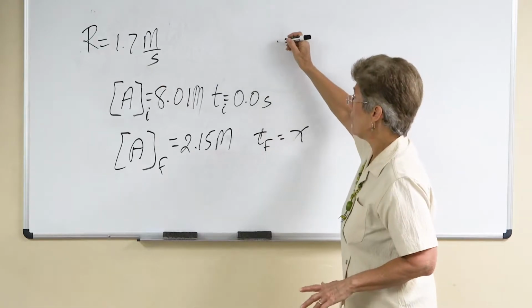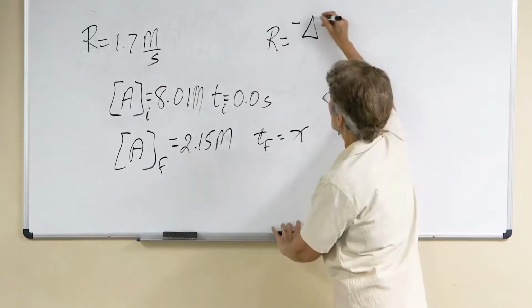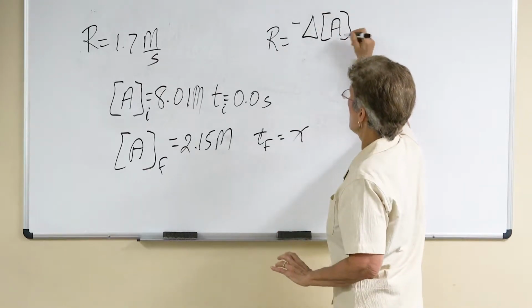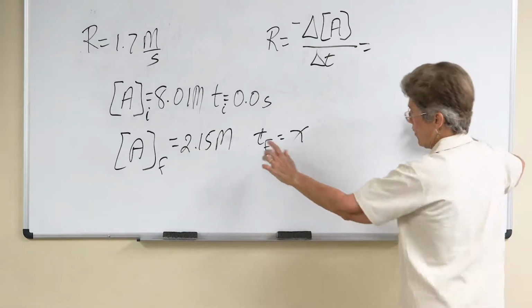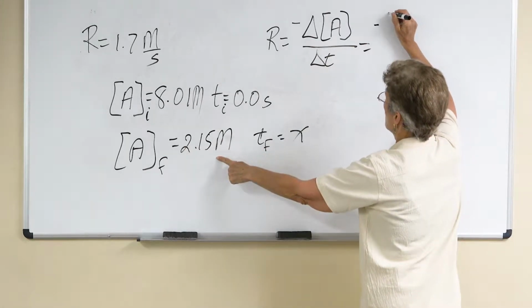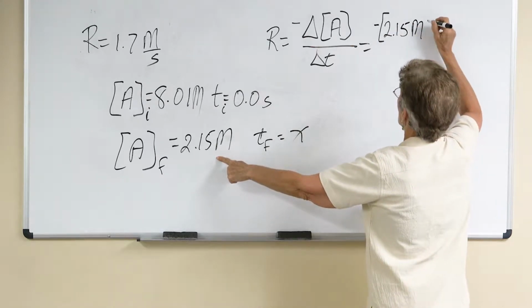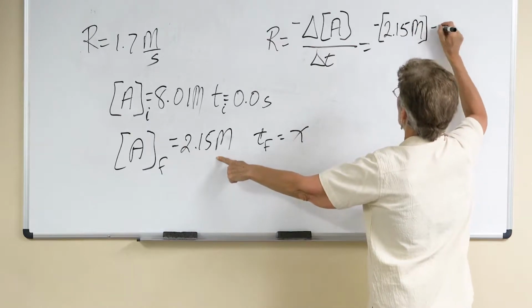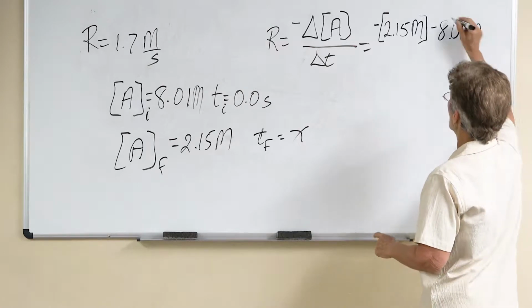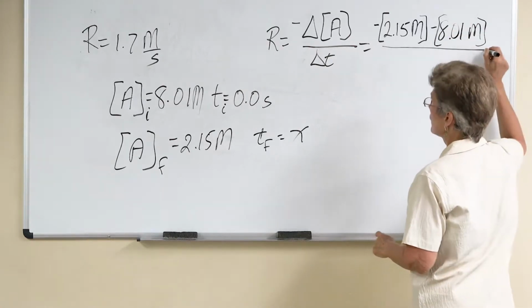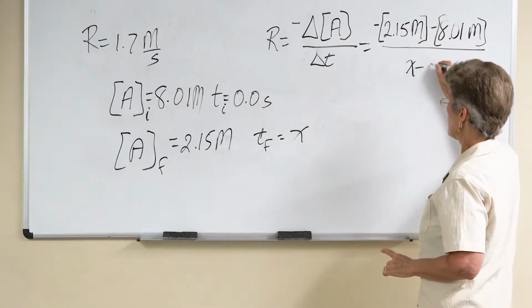Now, you and I both know that the rate equals the negative change in concentration of the reactant over the change in time. When we plug this in, we have negative, the final concentration minus the initial concentration, and then the change in time is what we're looking for minus 0.